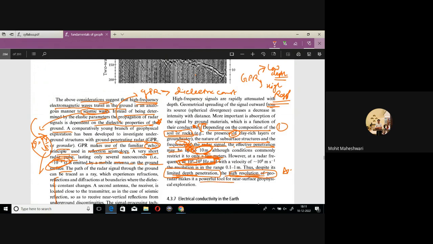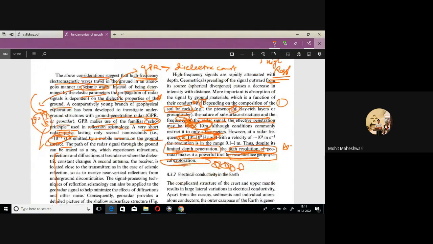This makes it a powerful tool for near surface geophysical exploration. If the exam asks which method you will use for near surface geophysical exploration, then you will say the ground penetrating radar method.